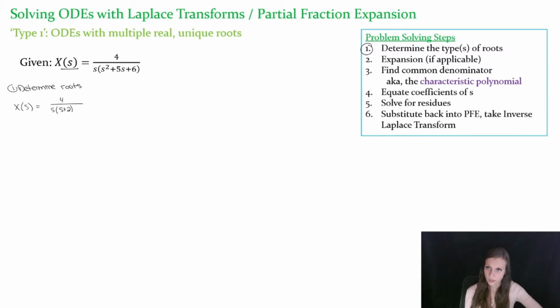So I'm going to go ahead and rewrite my denominator as such, because now it's a lot easier to see that we have one root at s equals 0, we have another root at s equals -2, and we have a third root at s equals -3. So for this expression, we have three real unique roots.